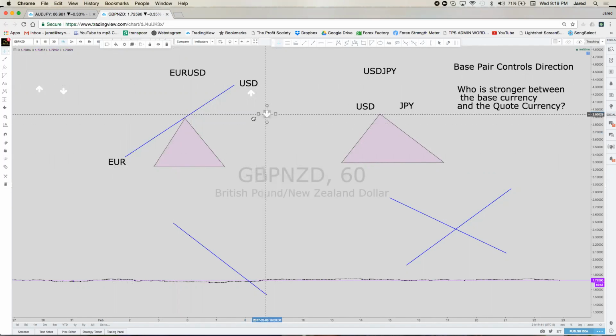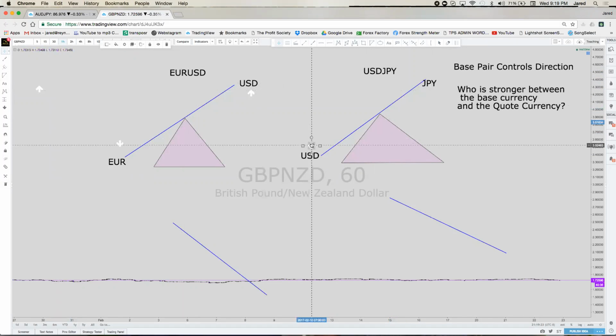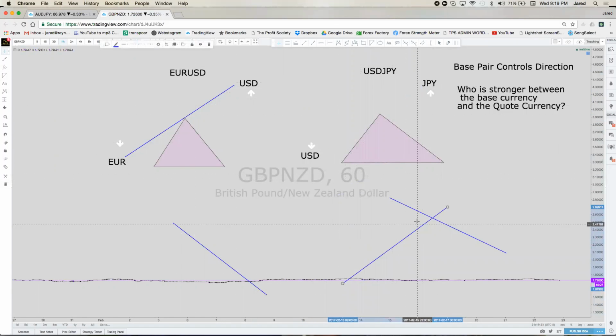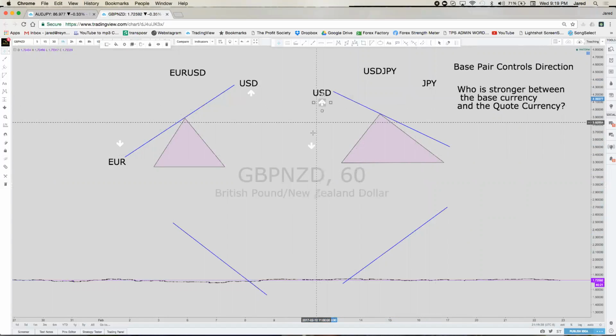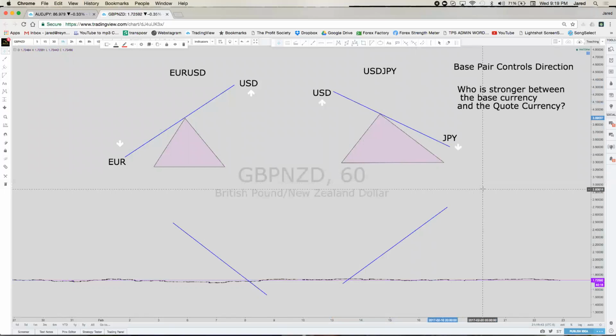And the same thing with UJ. If the US dollar is weaker than the Japan yen, then UJ is going to go down. And vice versa, if the US dollar is stronger than the Japan yen, then UJ is going to go up.